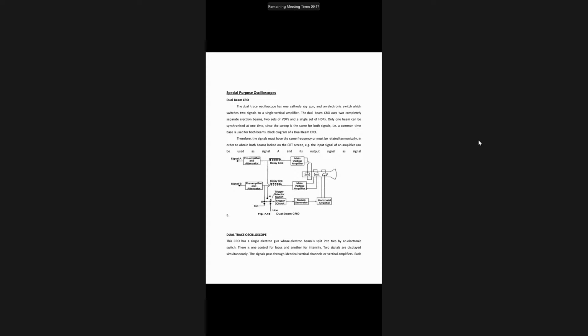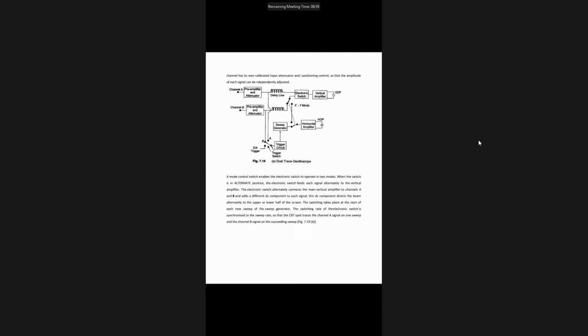Here also we are applying two signals at the input, and we are watching the two signals simultaneously on the face of the screen, but a single beam is used for that purpose. Understood? As you can see in the diagram, we are using a single vertical amplifier.